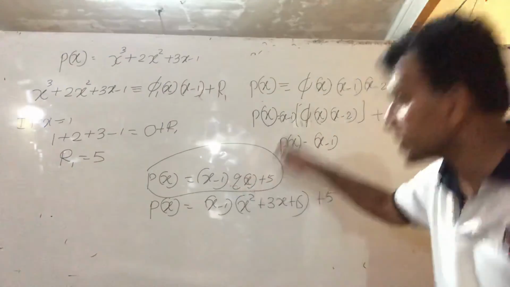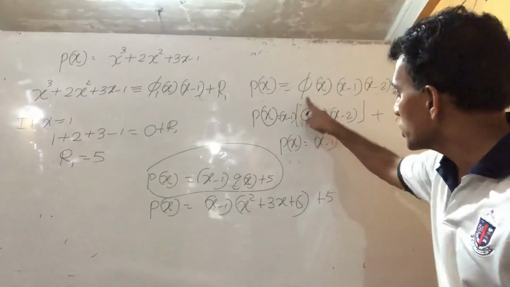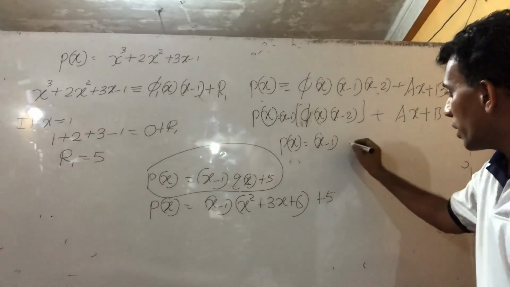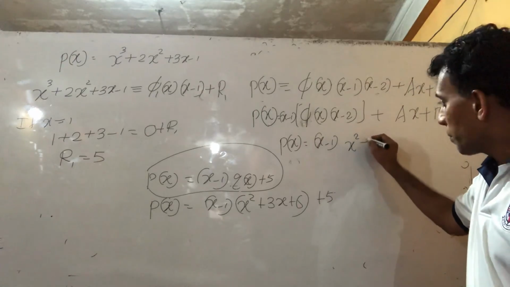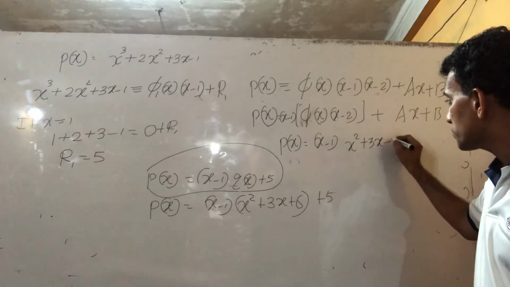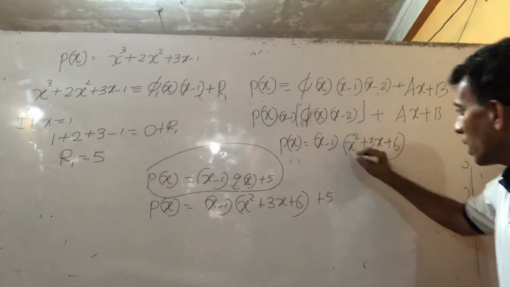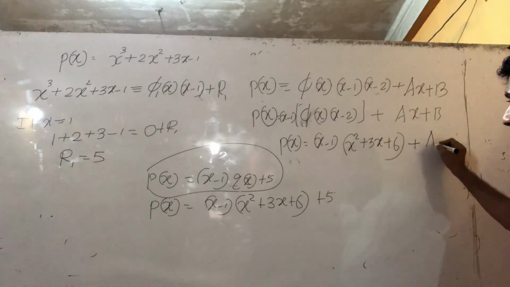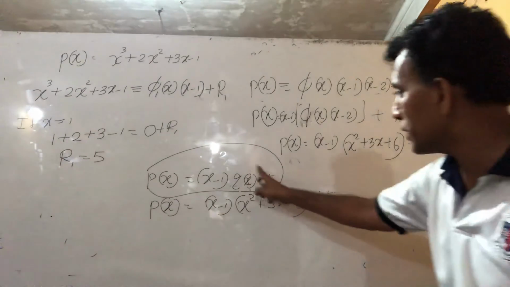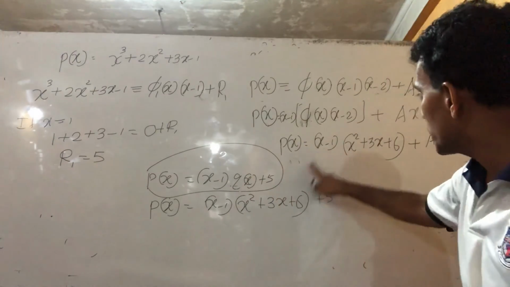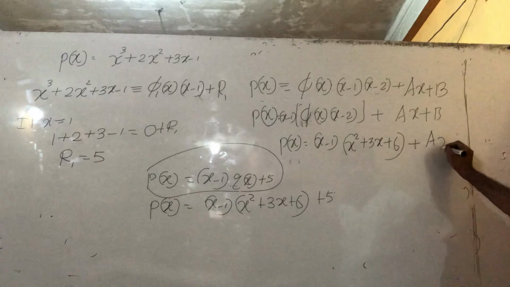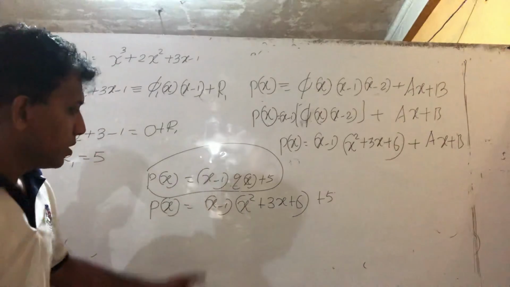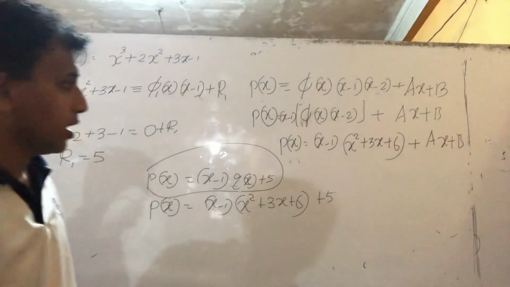See this everything together is q(x). So write your q(x). What is q(x)? They said x square plus 3x plus 6. Here plus the remainder part, into x minus 1 plus 6, here ax plus b, the same thing, ax plus b.